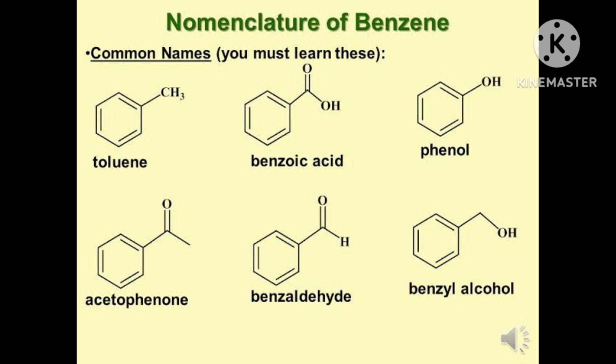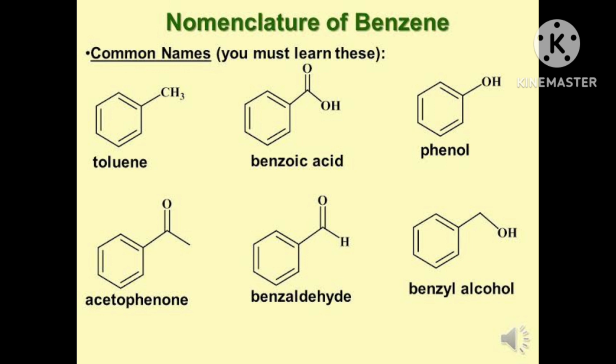First you start from the bromine, that is the group. Next, after this group, carbon number 2 is the ortho, carbon number 3 is the meta, and carbon number 4 is the para. Okay, this is the position you can tell.